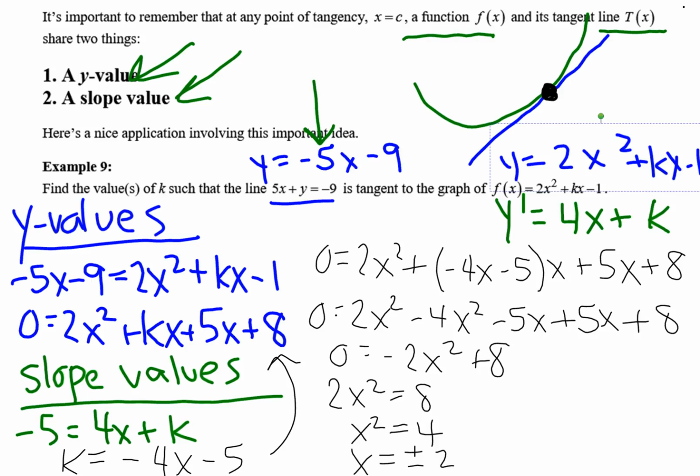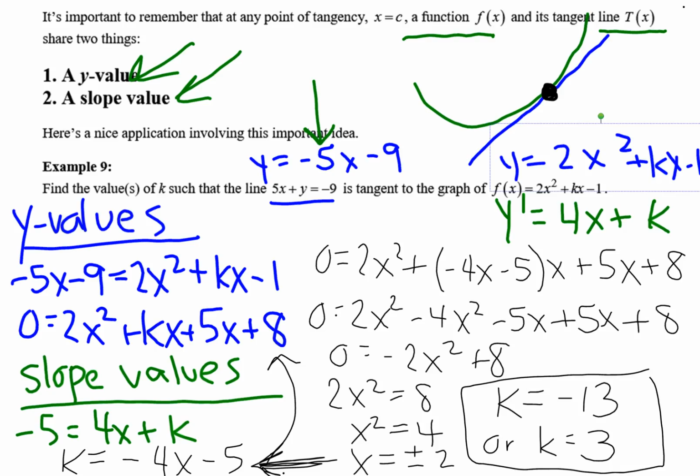Now, remember what we were looking for. We were looking for the value of k. So we take our x value and plug it in to our k equation. So k equals, if we put in a positive 2, we'd get negative 8 minus 5, so we have negative 13. Or we plug in negative 2, so that would give us 8 minus 5, or 3.